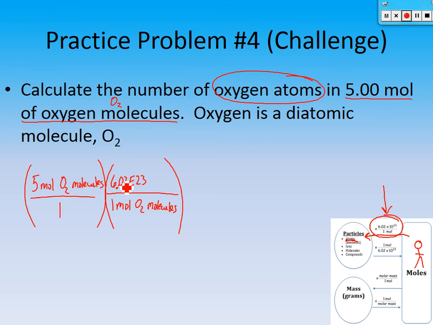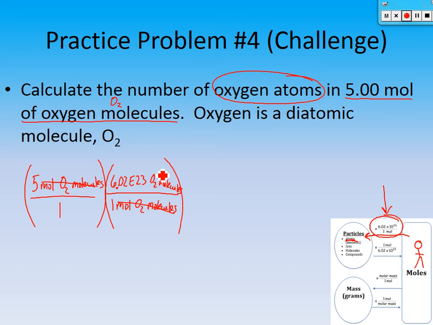I couldn't put Avogadro's number of atoms here. So in 1 mole of oxygen molecules, we have 6.02 times 10 to the 23rd oxygen molecules. So O2 molecules goes here. So my moles cancel out here. And now I'm left with oxygen molecules.